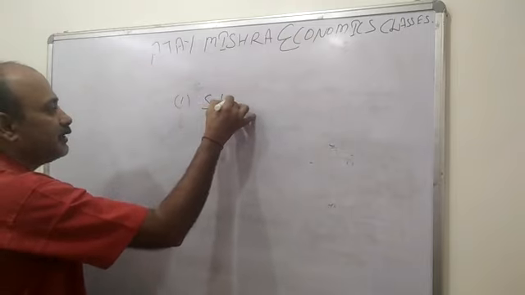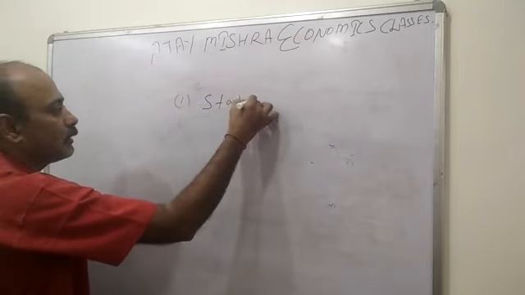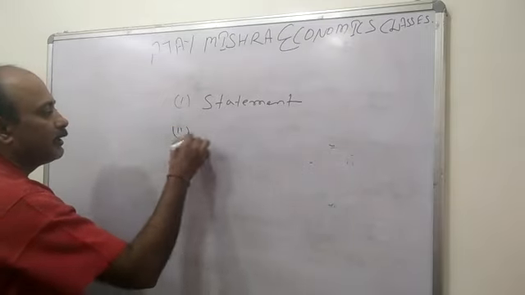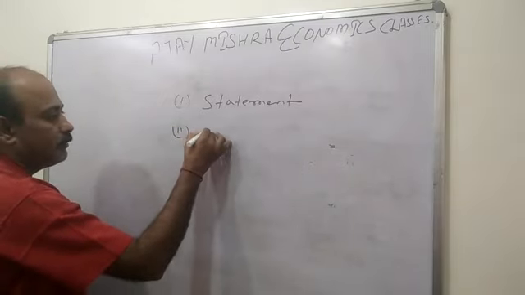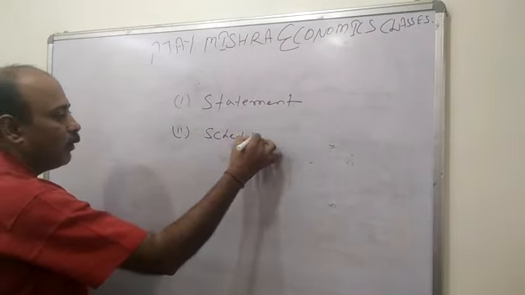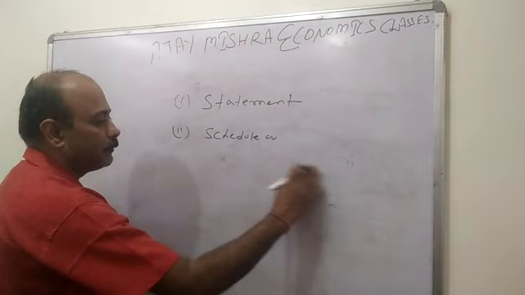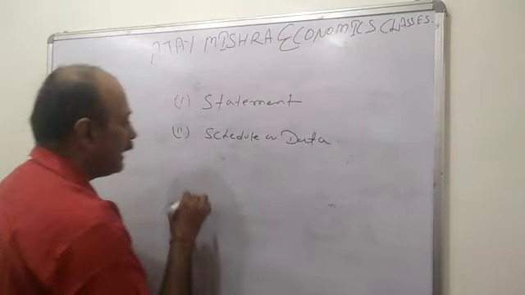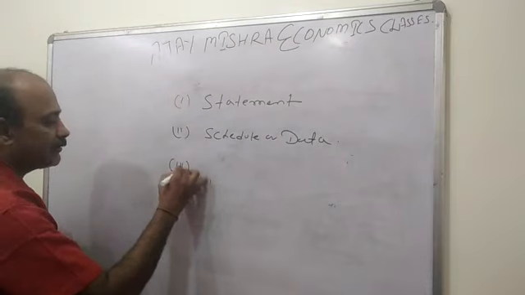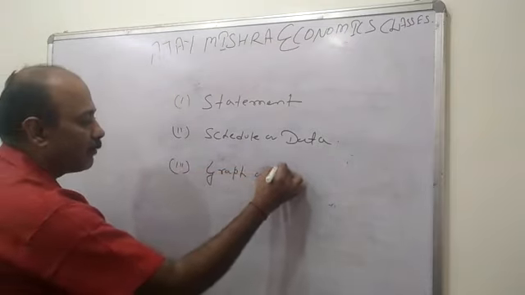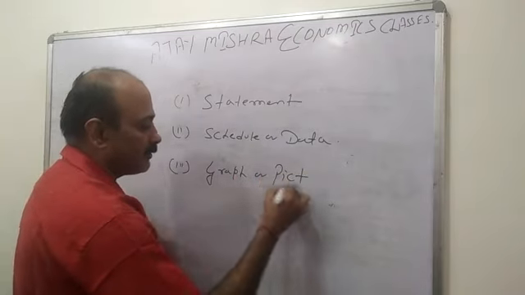Number 1 is a statement. Number 2 is a schedule or data, and the third one is a graph or pictorial presentation.